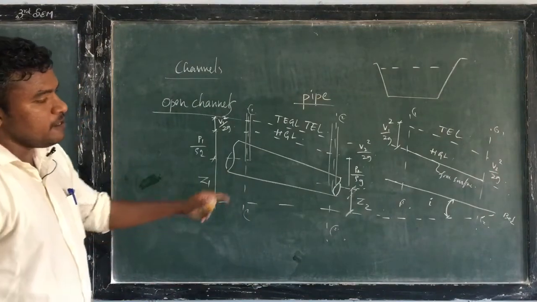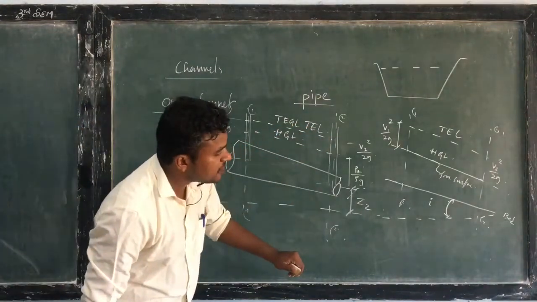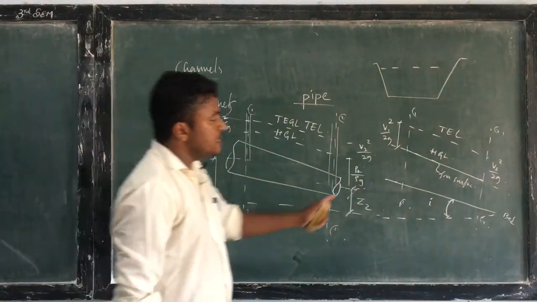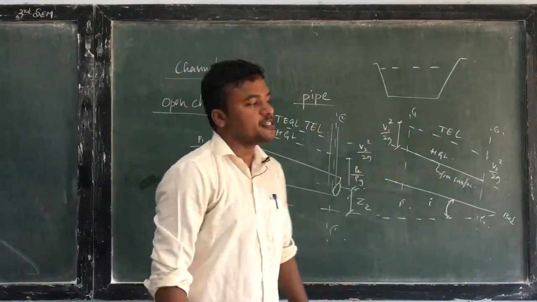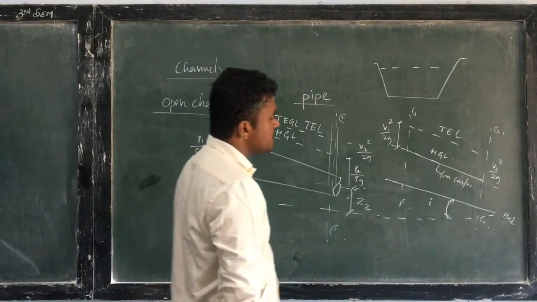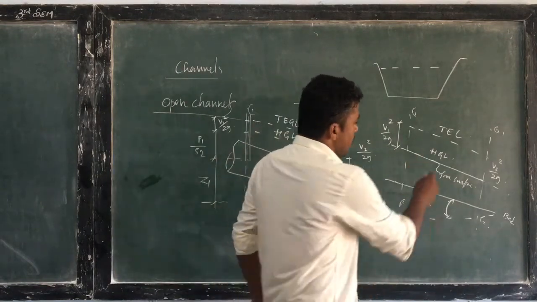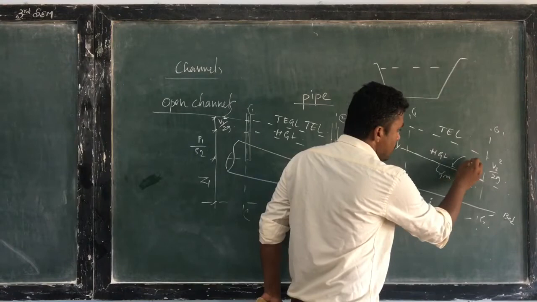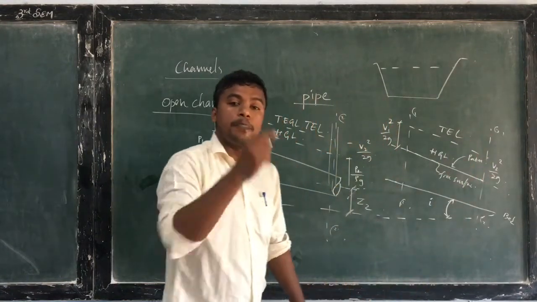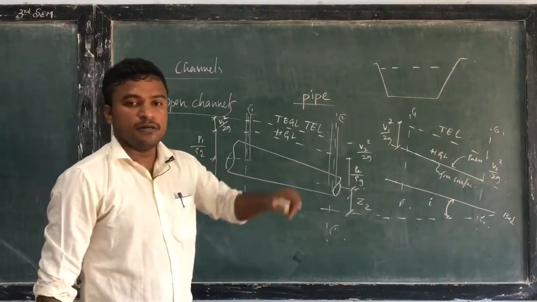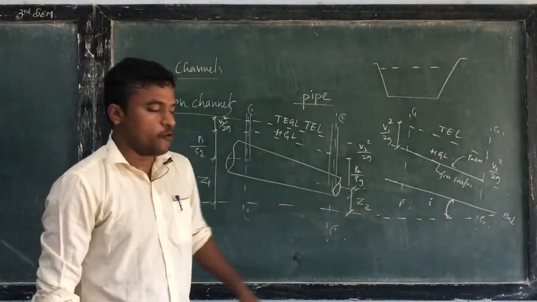One more thing in open channel flow: every open channel flow consists of a free surface. Free surface in the sense that atmospheric pressure, P atm, is acting over it, right. Then what will be the value of the pressure created in the flow of water?